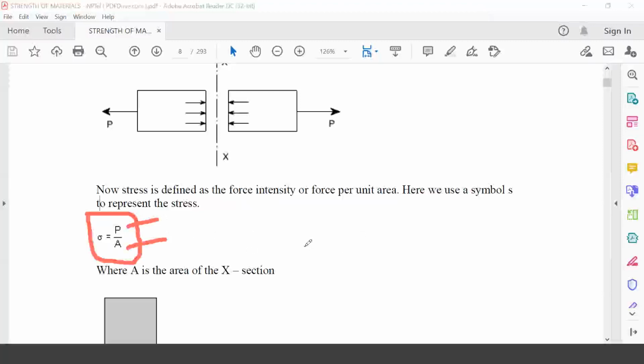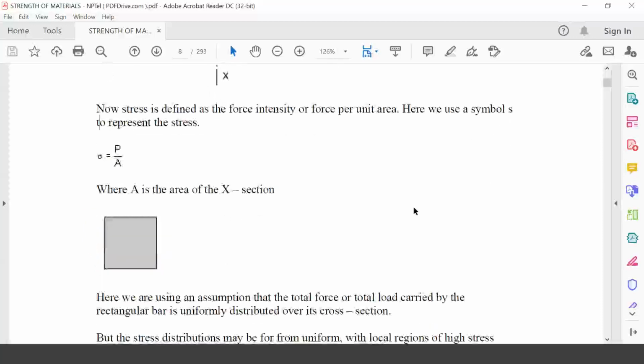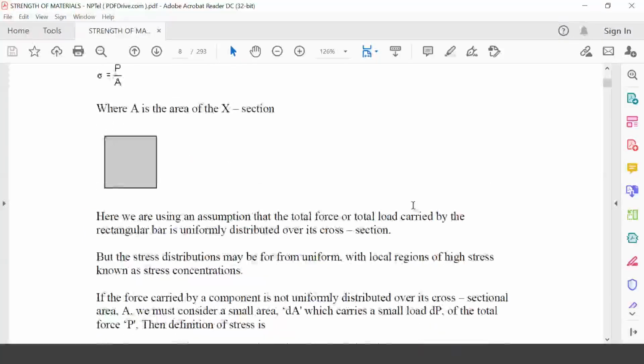Now look, the rectangular bar is cut in this section because of the application of this force P. This is the surface area that we have to consider, right?